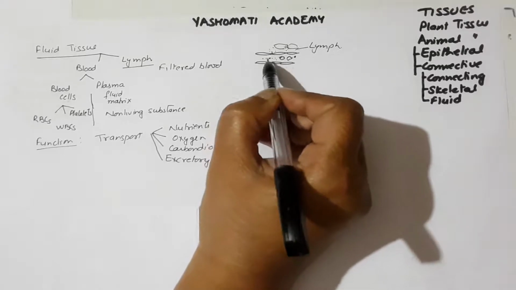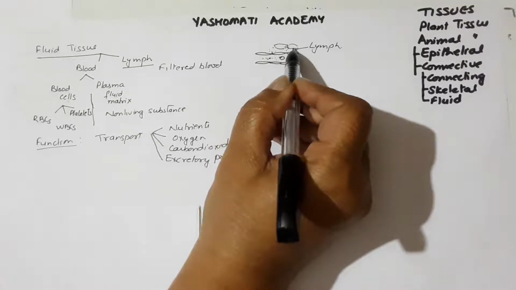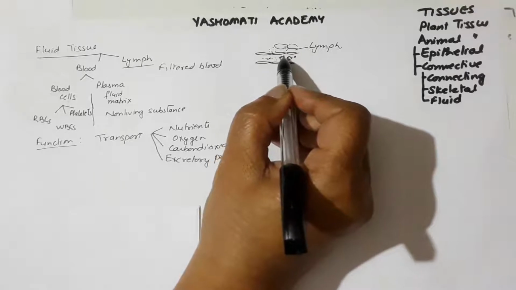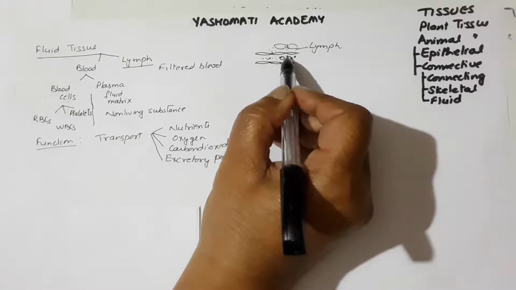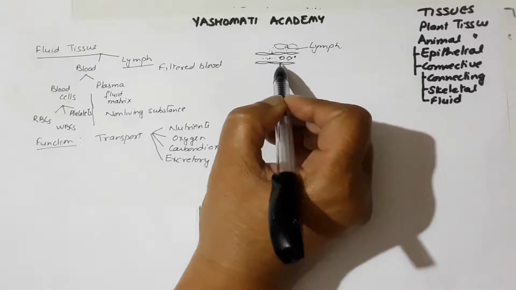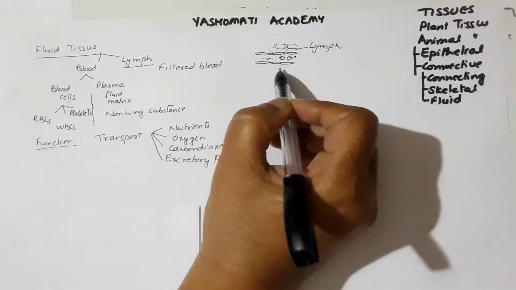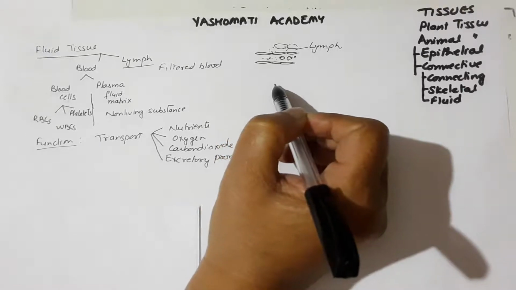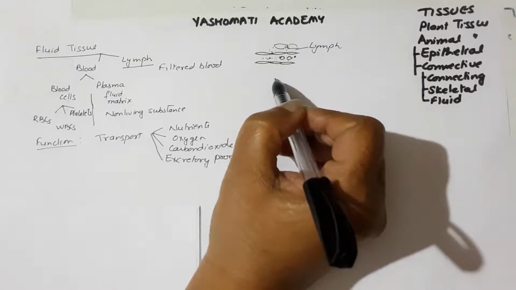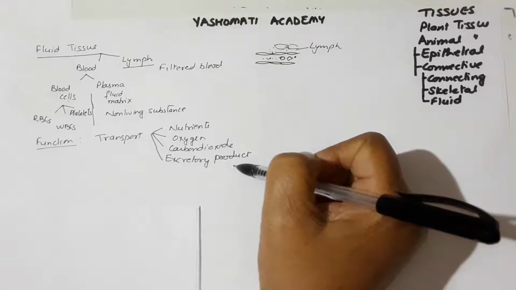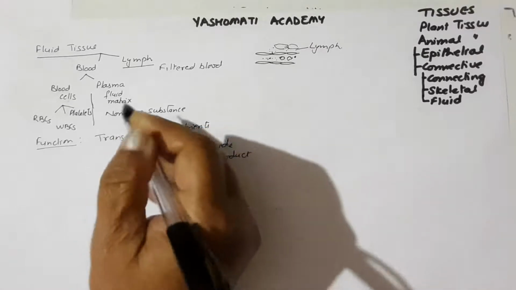This nutrient and oxygen is passed on to tissue, where due to certain chemical reactions, carbon dioxide and excretory products are produced, which through lymph enters into the blood capillary again. And I hope you remember that capillaries join to form veins. So veins will be carrying the blood which contains more carbon dioxide and more excretory products.